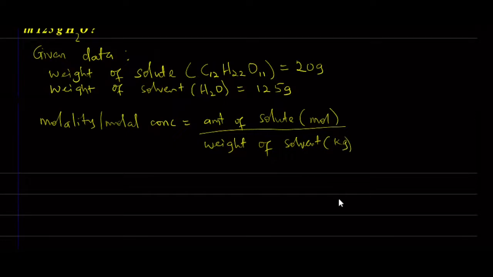So as we can see, that means we need to look for the solute value in mole. Then our weight of solvent is expressed as 125 gram, so we need to convert it to kilogram by dividing by 1000, and that gives us 0.125 kilogram.